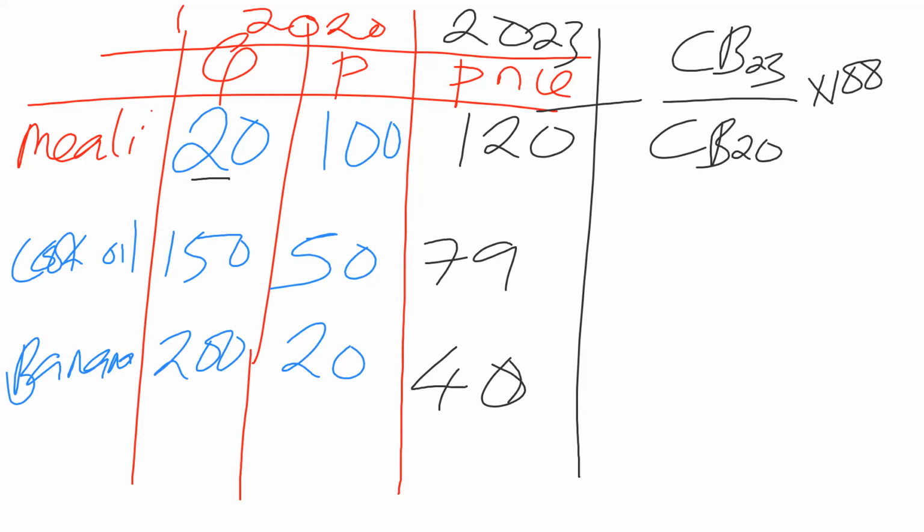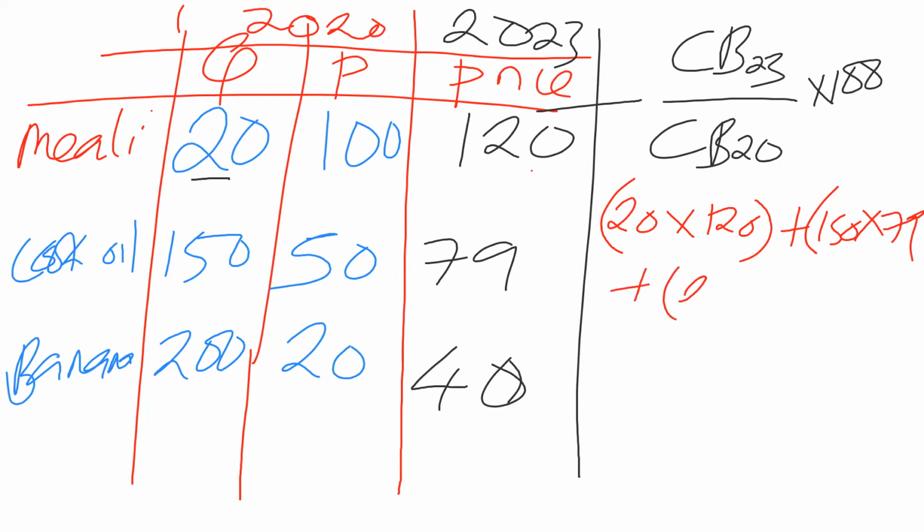So let's do the cost of the basket in 2023. It is the quantities of the base year times the prices of the current year, the summation thereof. So we have the quantities, 20 times the price 120, plus 150 times the price 79, plus 200 times the price 40.